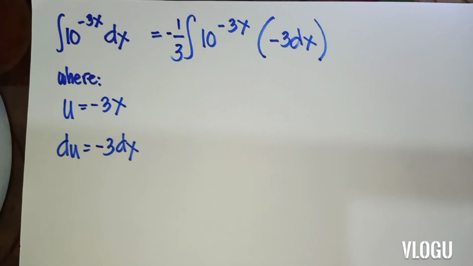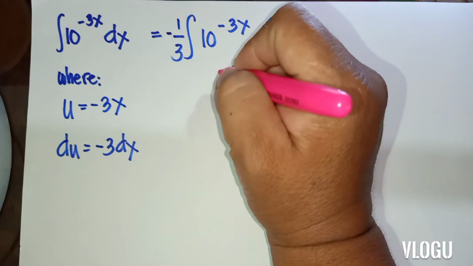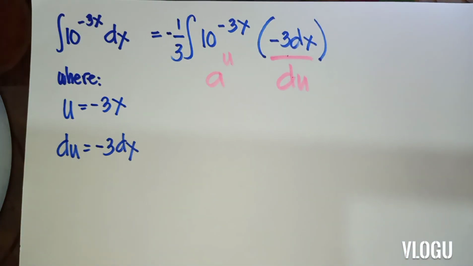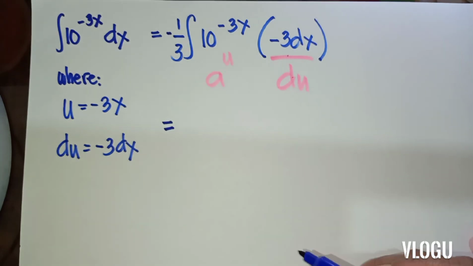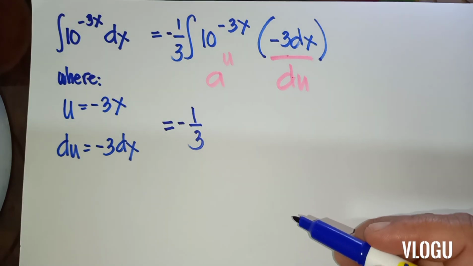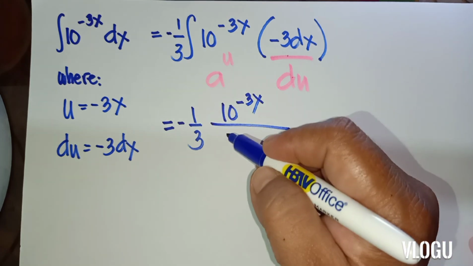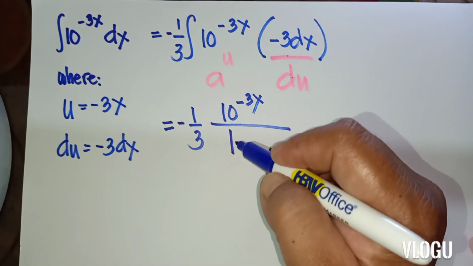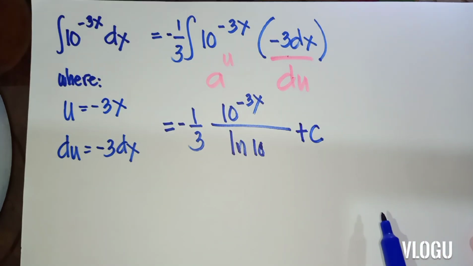If we look at this one, this is now a form of du, and this one is a to the u. Because that is a form of a to the u du, proceed now to the formula. We will have negative 1/3 times 10 to the negative 3x over ln of 10 plus c. So that is now our final answer.